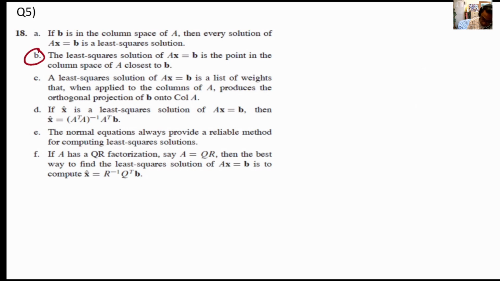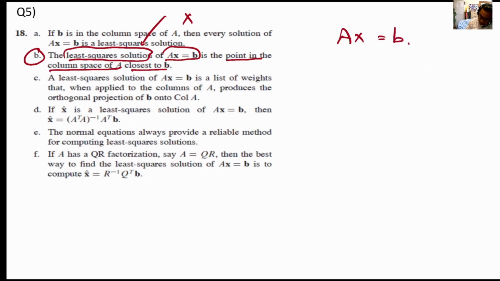In 18b, the question states that the least squares solution of AX equals B is the point in the column space of A closest to B. An initial reading would fool you. Please be careful. He's talking about the least squares solution, x in AX equals B. The closest point in the column space of A to B is B hat.